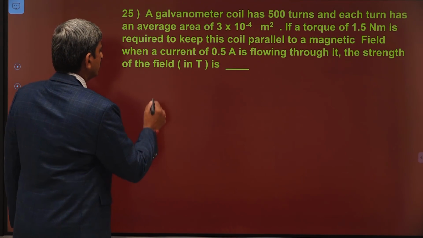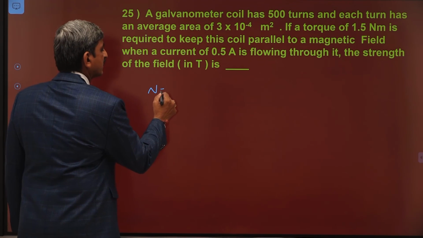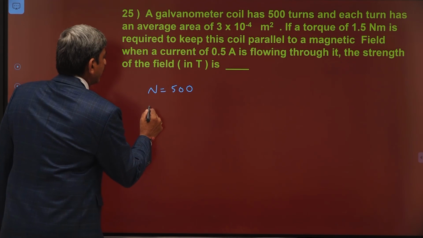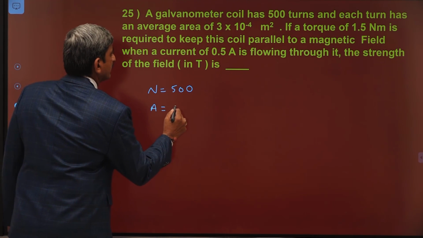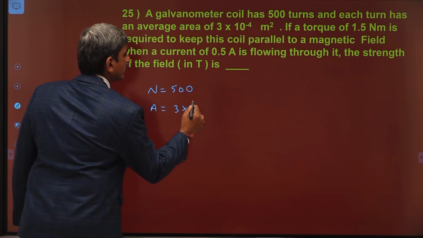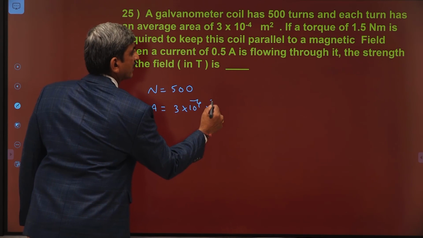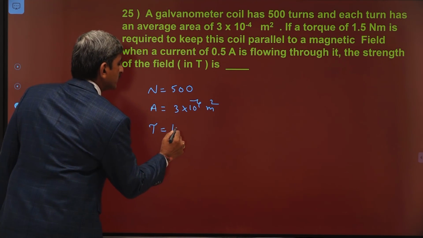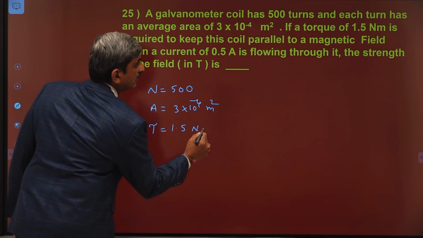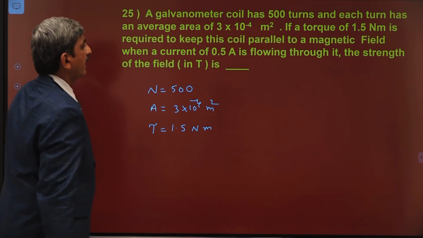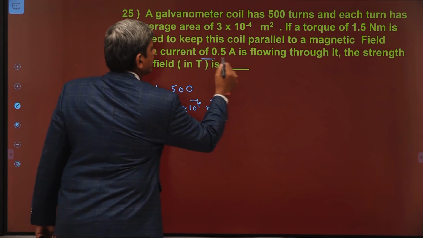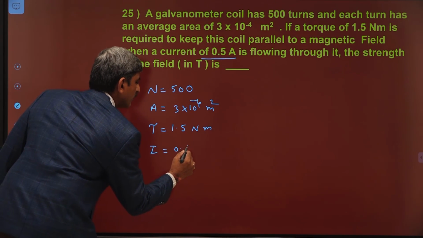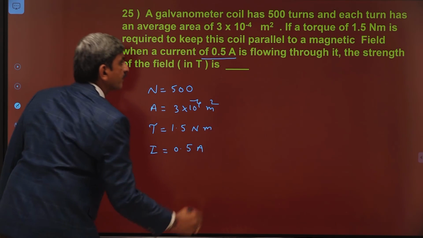Here what is given? The coil has 500 turns, and the average area of each coil is given by 3 into 10 to the power of minus 4 meter square, and the torque acting on the coil is given by tau is equal to 1.5 Newton meter, and a current of 0.5 amperes is flowing through the coil, so I is equal to 0.5 amperes.